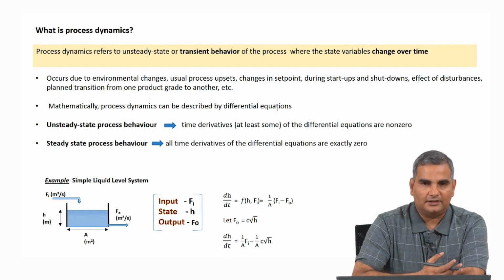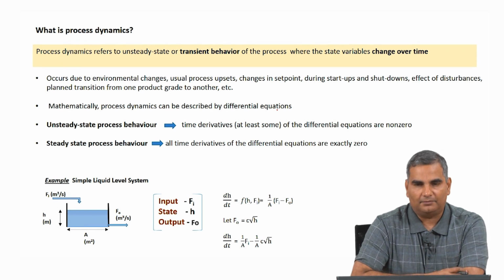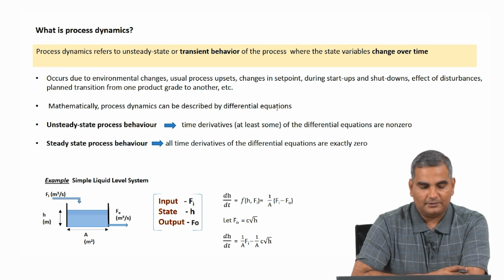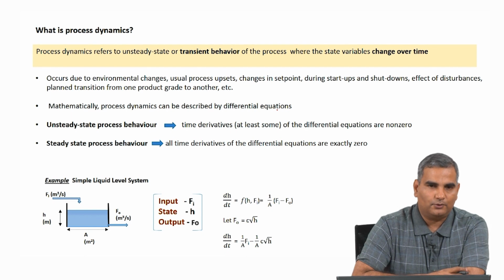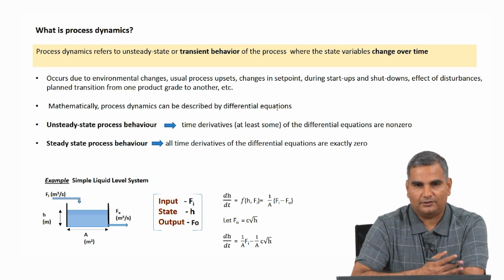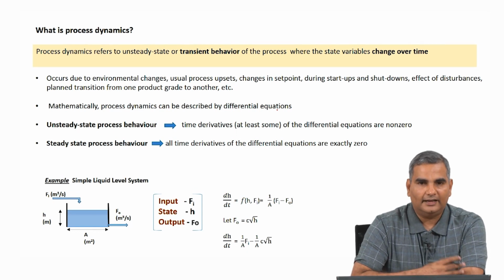So, there will be dynamic changes when you have startups, and there are times when you want to shut down the plant for maintenance and so on. So, you will have transients there. You could have disturbances. You could actually move the plant from one state to another because you are producing, let us say, polymer of type A, and then you want to change the process to produce polymer of type B and so on. So, these are all the reasons why dynamics is introduced into the process.